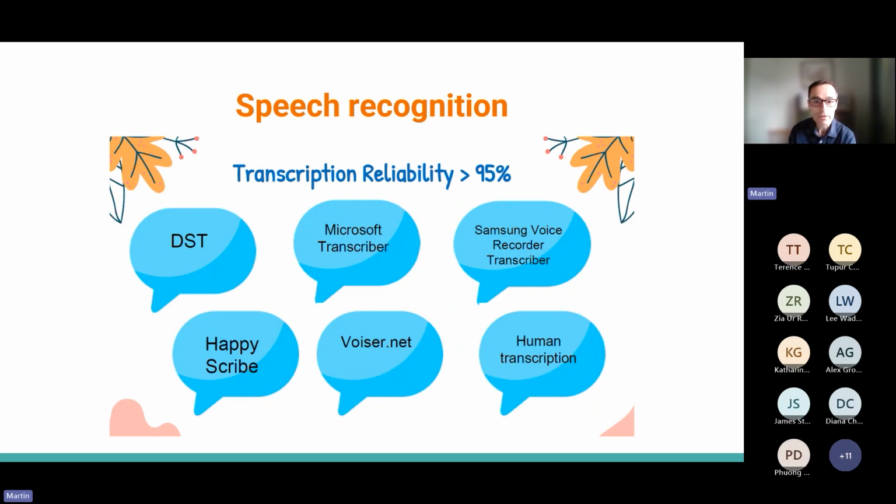She very helpfully measured the reliability of the speech recognition system against some proprietary systems and, as you see in the bottom right, also against human transcription, and she's put the reliability is greater than 95%, which I'm very grateful she's put in there. The reality is that speech recognition systems are not 100% accurate, but that's also the case of human transcription.